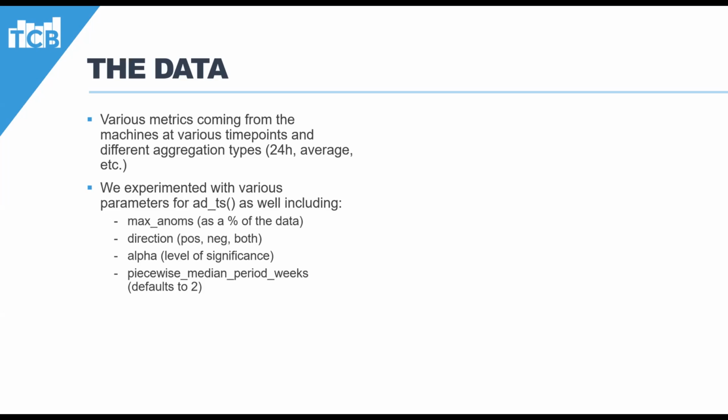So you specify that as like a 95% confidence, 99, and so on. And then a piecewise median period in weeks. So that rolling window I talked about, Twitter found that the default of 2 actually worked the best, at least on their data. We did play around with that, and it turns out that that actually was the ideal value as well for this data set.